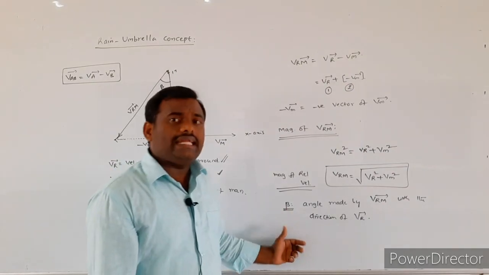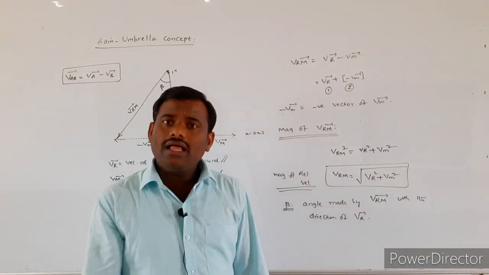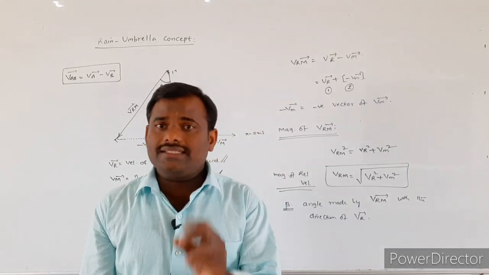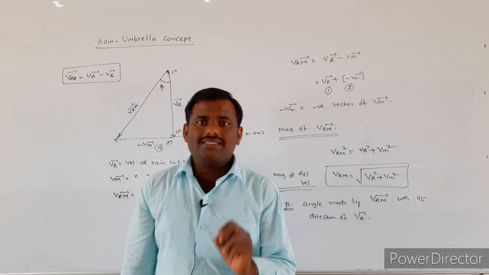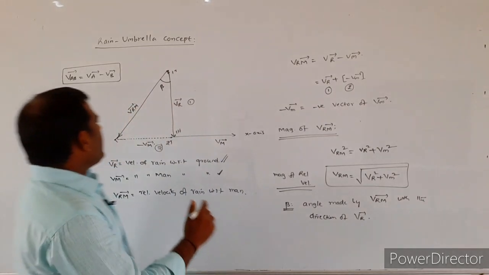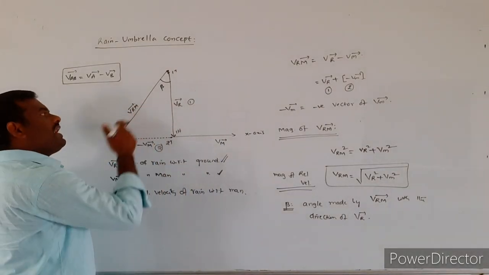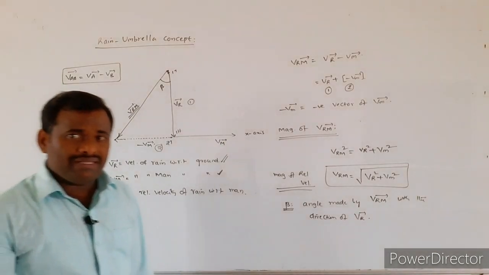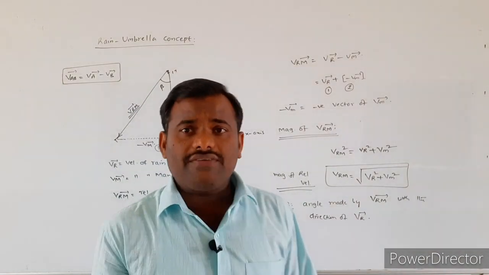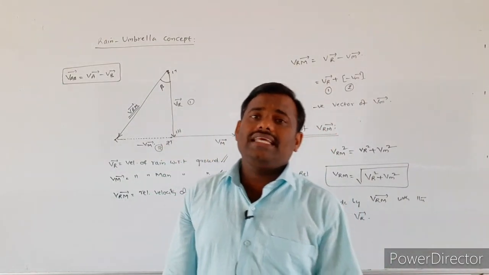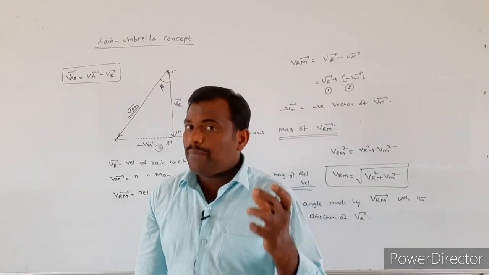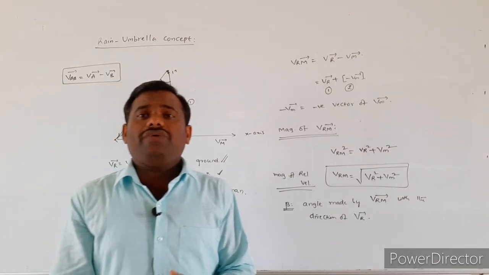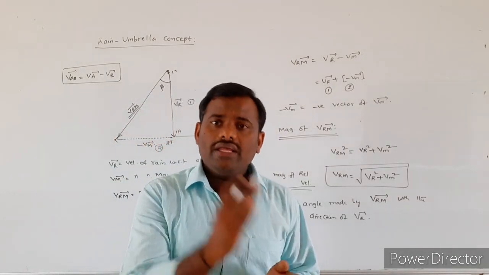What is the need of this beta value? That beta value is saying that the direction of Vrm bar means the direction of the apparent velocity of the rain, so in what direction do we have to hold the umbrella?